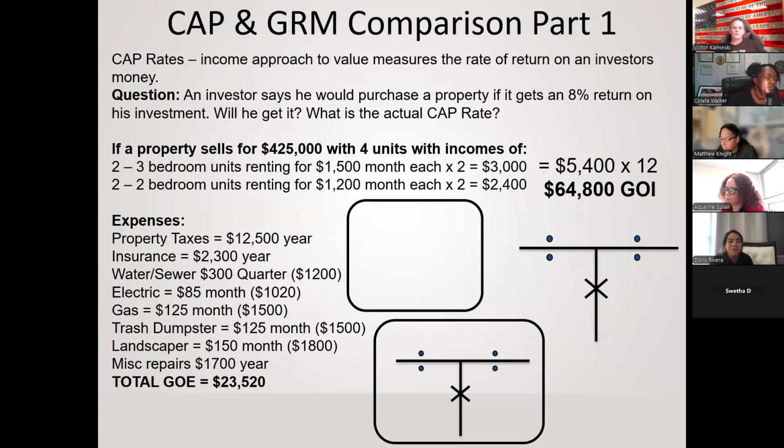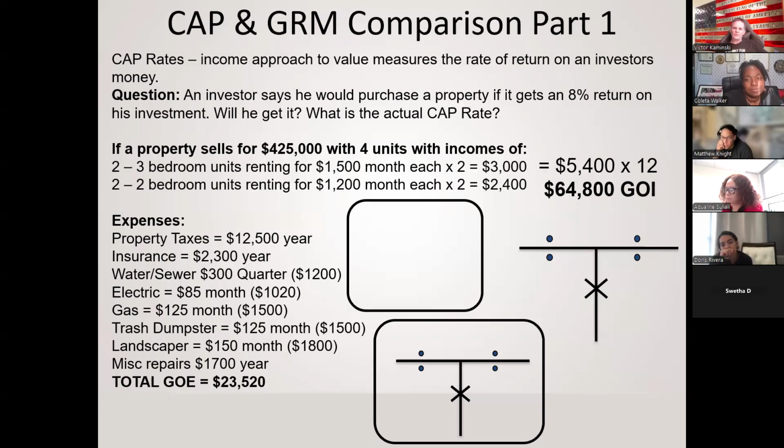You need the property value and the annual... the annual what? You've got to know the numbers. I'm not even asking you for the numbers, I'm asking what are we trying to figure out? You want the cap rate, so you need the annual net operating income on top.